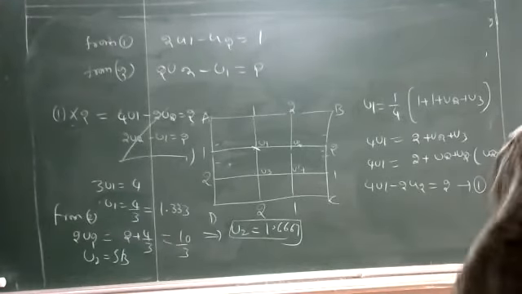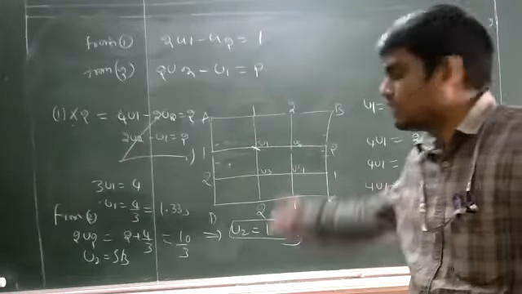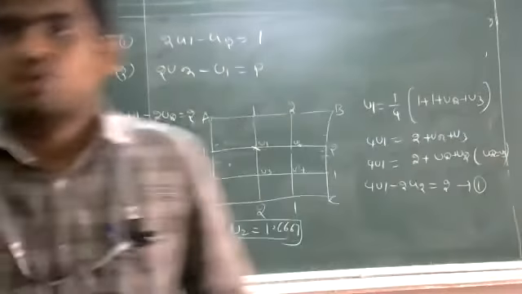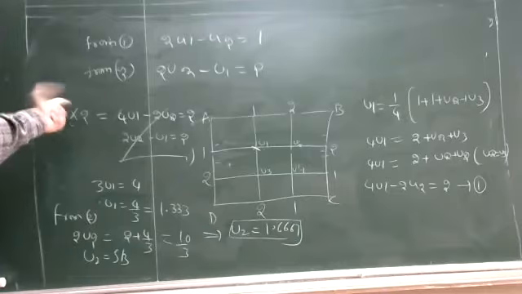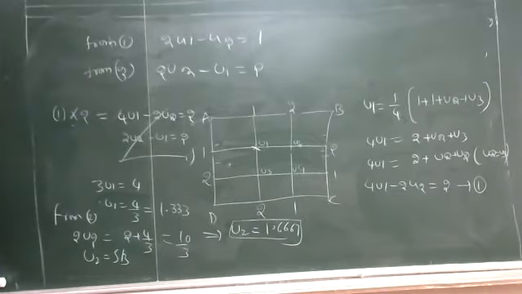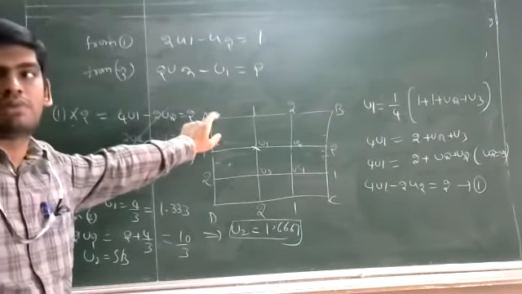So here the problem is also very simple, because there are only four unknowns. For this problem, is there any possibility to apply the diagonal 5-point formula? Can we apply the diagonal 5-point formula for this problem?